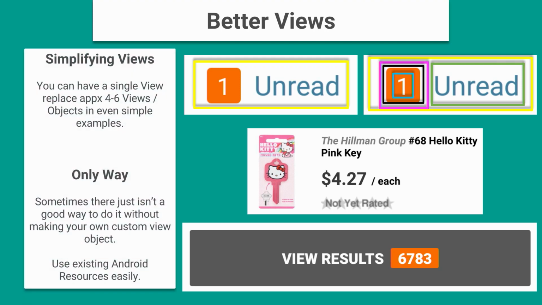So when I talk about better views, we are talking about simplifying your views. If you look at this view to the right, over here, it takes 5 objects to make that view. Here I have one view object, a single view object.